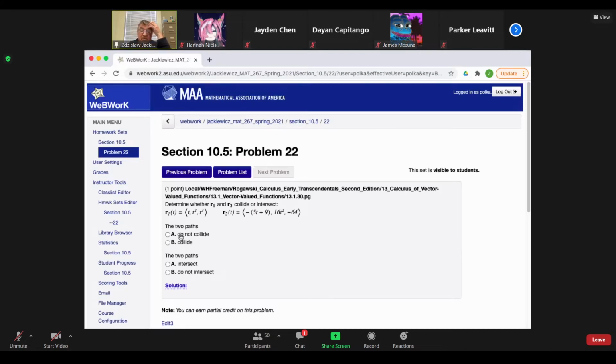So to answer whether or not they collide, what do you do? This means that the first component must be equal to the first component, the second to the second, and the third to the third. So to collide, you have to satisfy three equations with only one unknown. That's a rare thing. So you have three equations: t equals minus 5t plus 9.